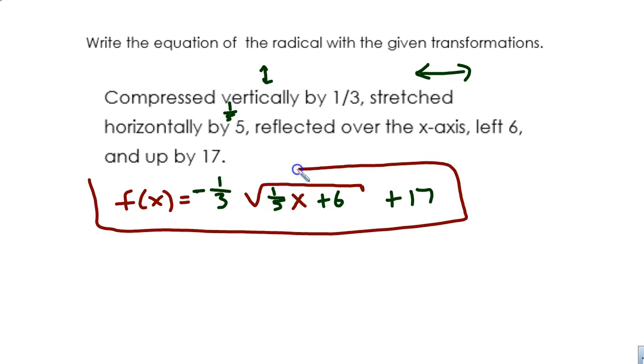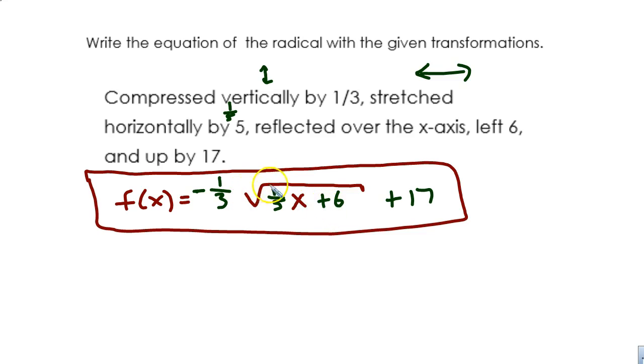We've got to be good enough with our transformations to know where things go. And the only way to do that, if you don't have your notes out, is to try to think of things underneath the radical being different than your brain wants them to be. You have to use the reciprocal for the stretches or shrinks, and you have to use the opposite direction for the shifts left and right.